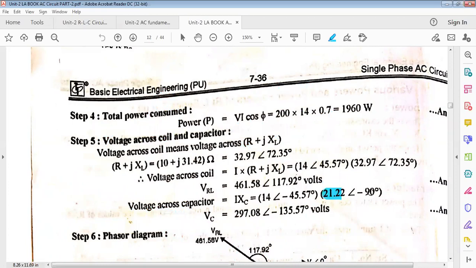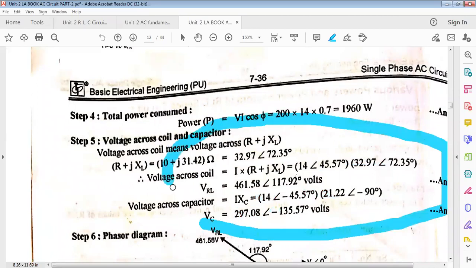So magnitude you can multiply, you will get 297 point something. And angle you can add, both are negative. So resultant will have a negative sign, and minus minus we do plus, so addition of these two angles. Okay, got it everyone? Any difficulty with this? Voltage across coil and voltage across capacitor?